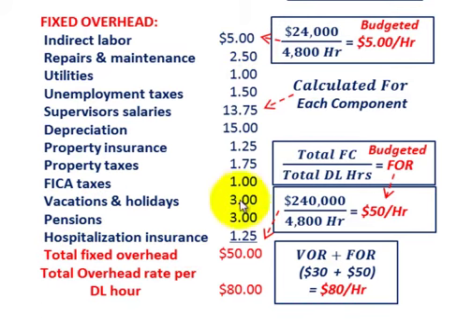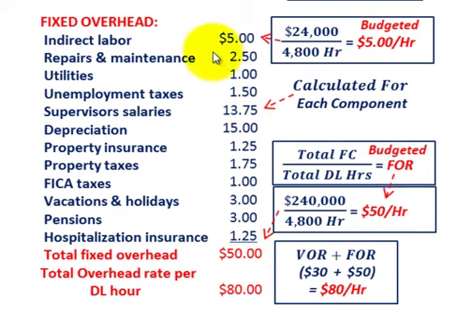You do the same thing: figure out, on a budgeted per direct labor hour basis, what each contributes to your fixed overhead, and you come up with a total fixed overhead cost of $50 per hour. We'll go through those calculations.